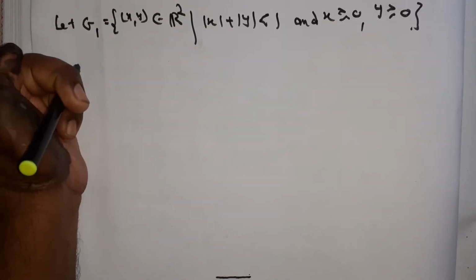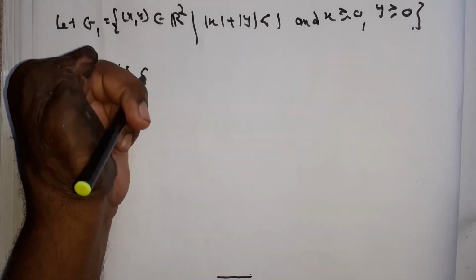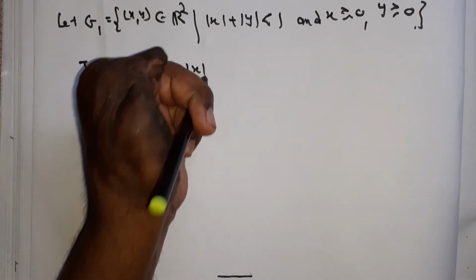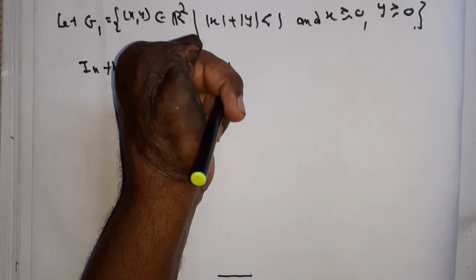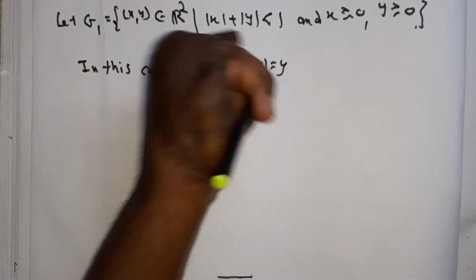Since in this case, mod of x is equal to x and mod of y is equal to y.